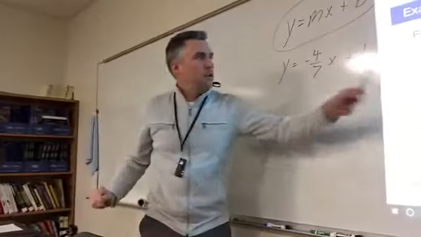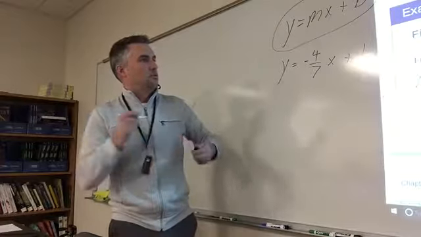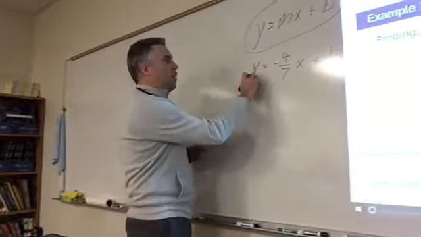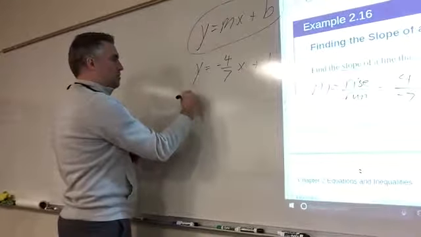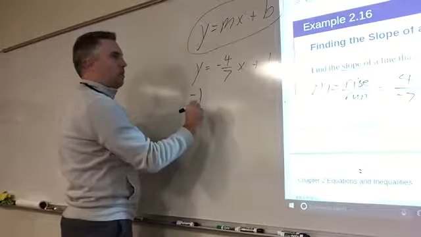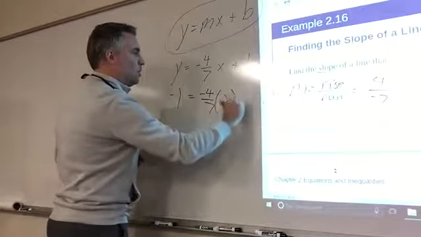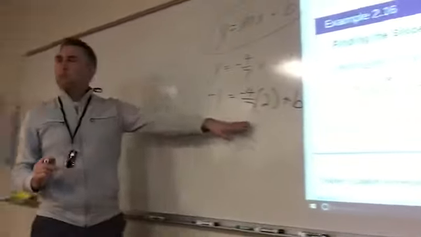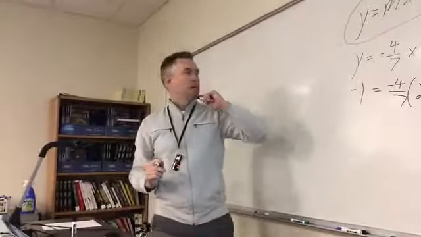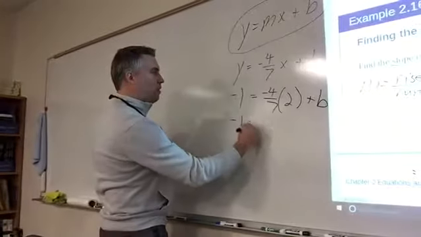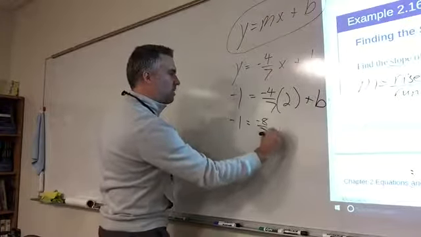I can use either point, my first one or my second one. I'll just use my first one. So I have a y here and an x here. Well, y equals -1, and when that's true, x equals +2. Now I just have to do a little arithmetic to solve for b. -1 equals -8/7 plus b.